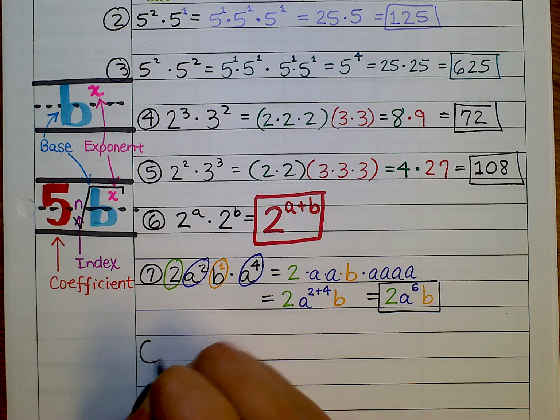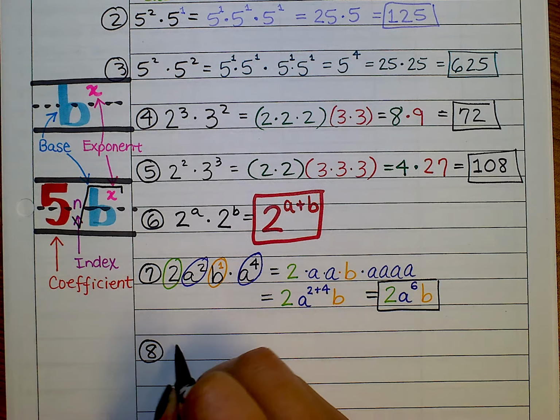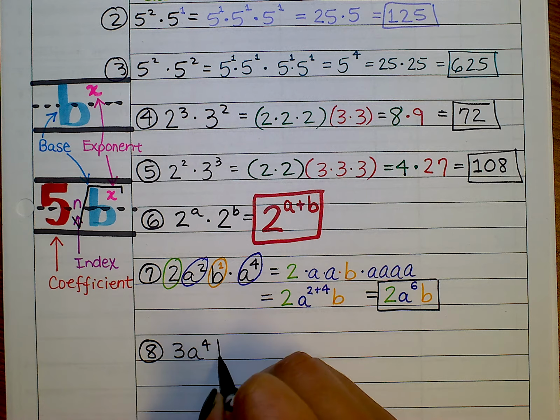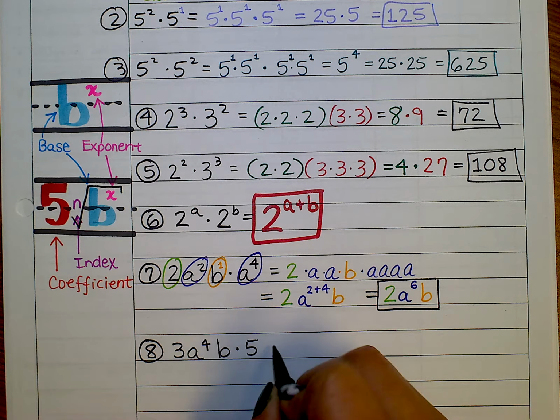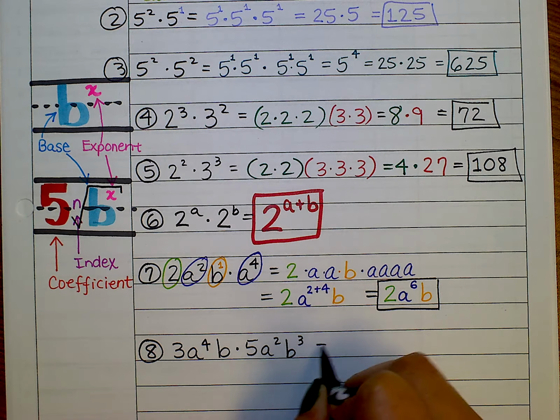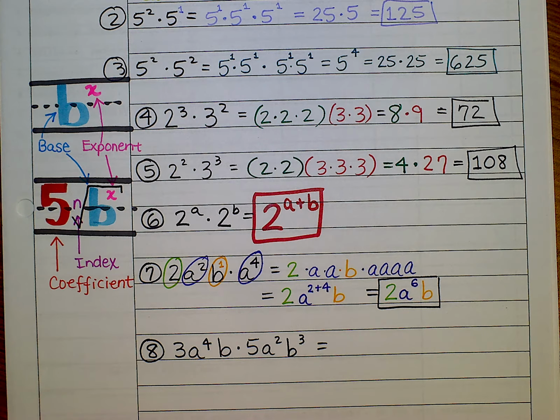So our last example, example 8, we had 3a to the fourth b times 5a squared b cubed. So let's go ahead and take a look at this one.